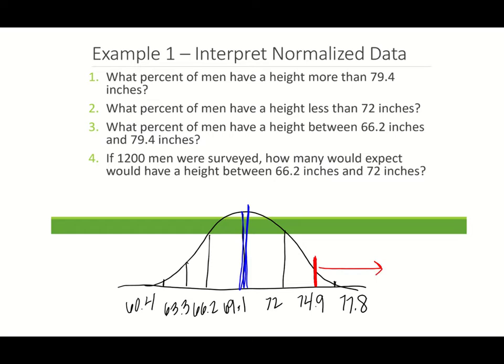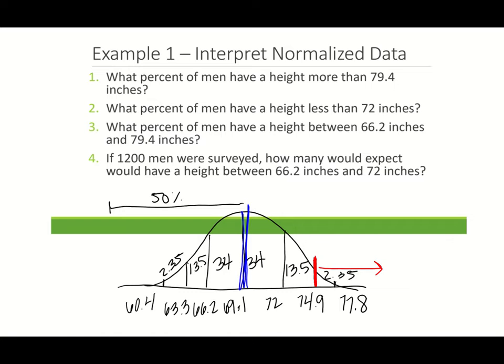Well, if we think about all of our percentages, we have 34, 34, 13.5, 13.5, and then we have 2.35 and 2.35. Now, we know this whole side here is 50%. We know that this is 34 and this is 13.5.